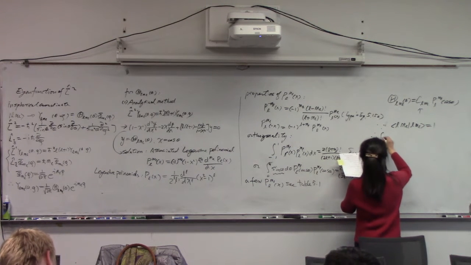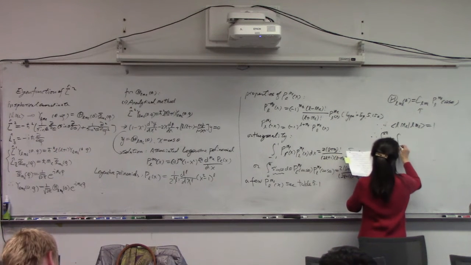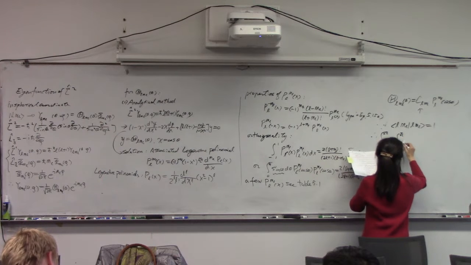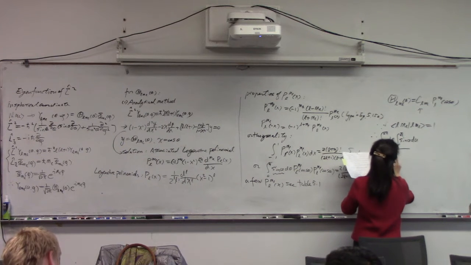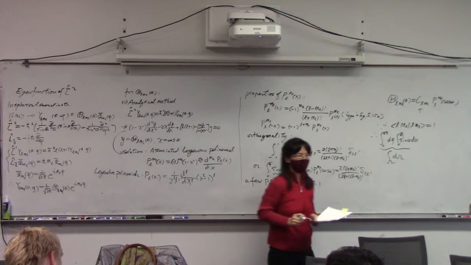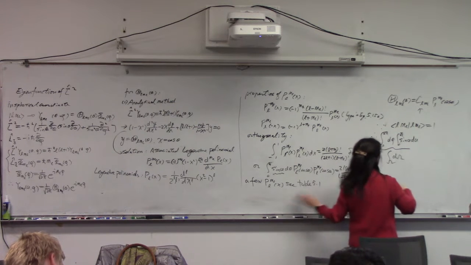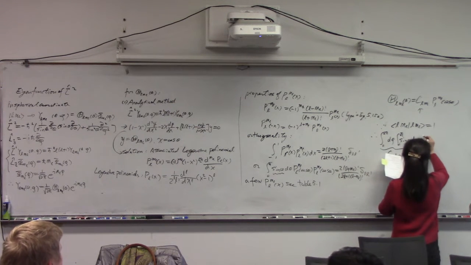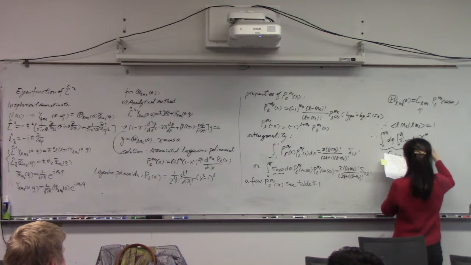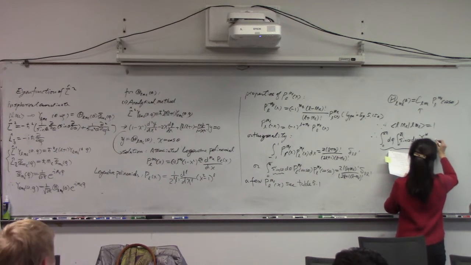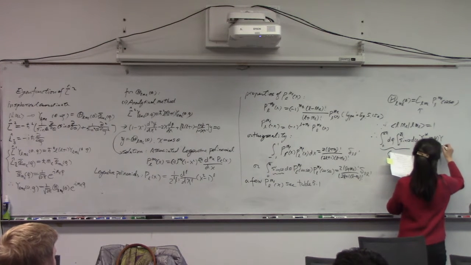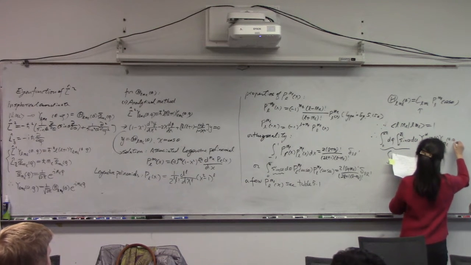The integral from 0 to 2 pi is for the phi angle, and from 0 to pi is theta, so d theta together with d phi is d omega. And then the integral has the complex conjugate of this, Y_l'^m'(theta, phi), times Y_l^m(theta, phi).